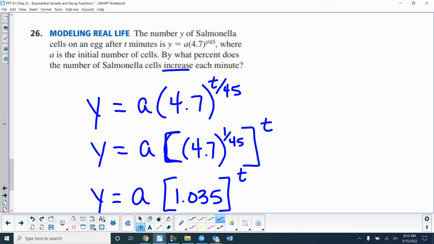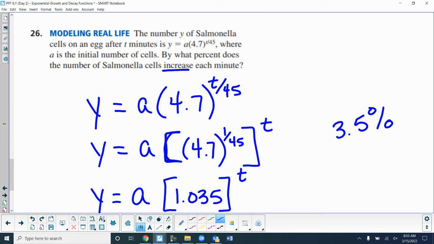So move that decimal point over, so 3.5%, it's increasing per minute. And that's all we had to figure out, right? So splitting this up into a 1/45th exponent helps you figure out the percent increase or decrease that happens.